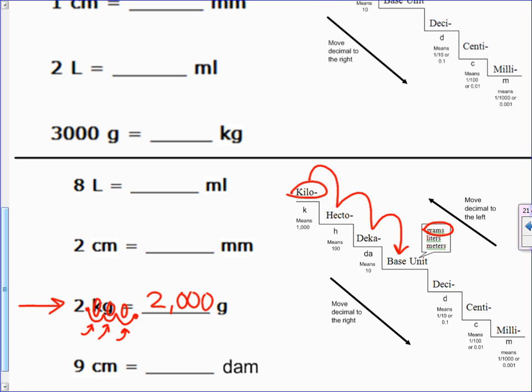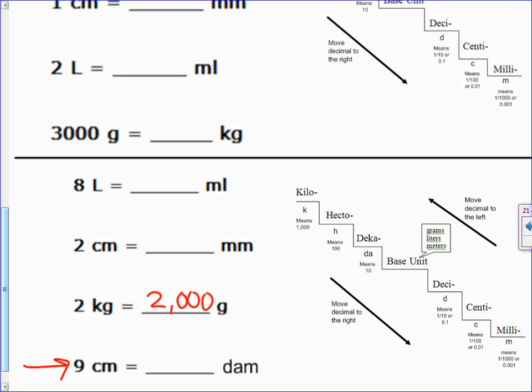Let's do one more example. We'll do this one down here. 9 centimeters equals how many decameters? So ask yourself that first question: am I going from bigger to smaller or smaller to bigger? Centi's here. Deca's here.